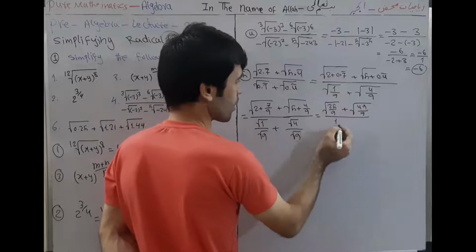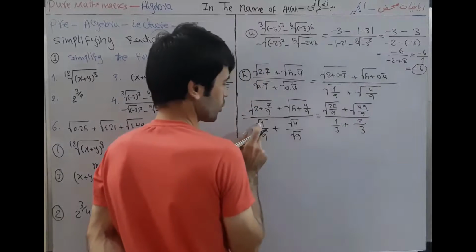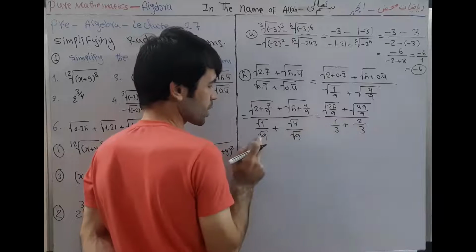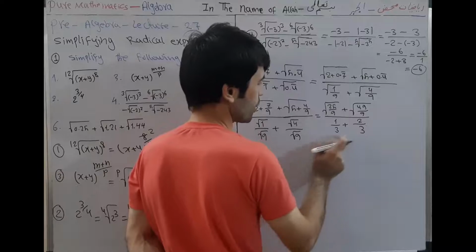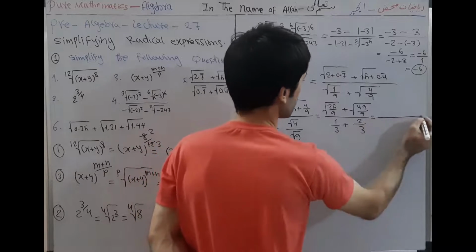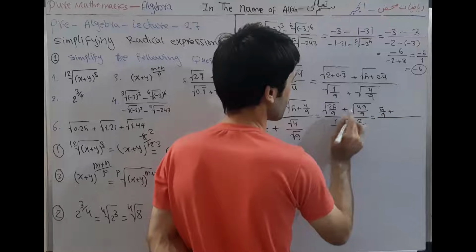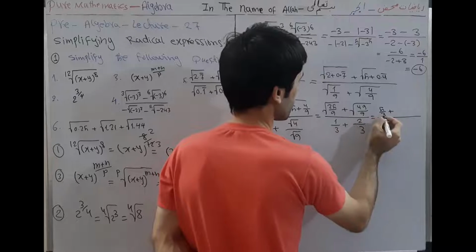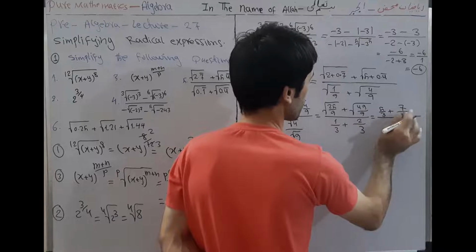It is also 1/3 plus 2/3. The square root of 1 is 1, the square root of 9 is 3. The square root of 4 is 2, the square root of 9 is 3. It is equal to, the square root of 25 is 5, over 3 plus the square root of 49 over 9, which is 7/3.